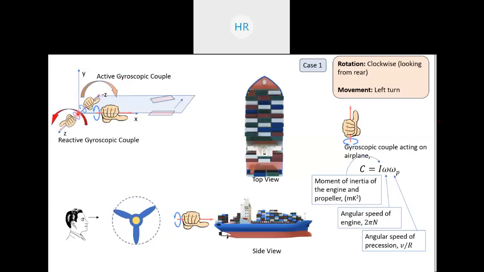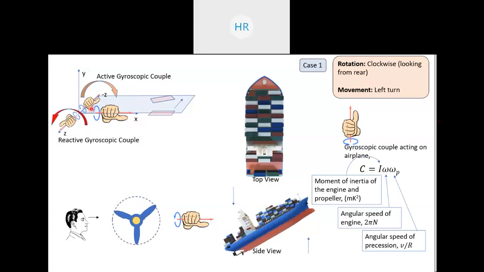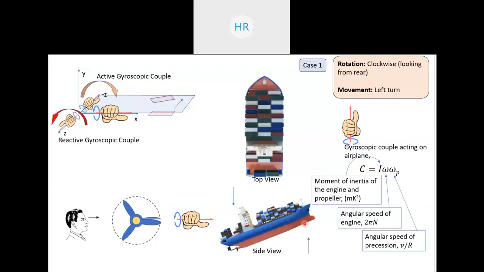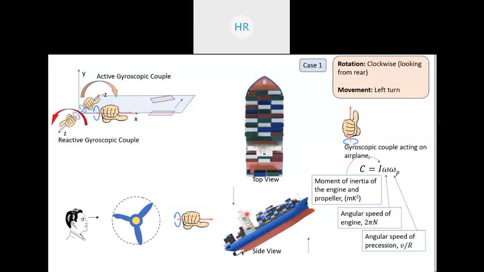So reactive gyroscopic couple vector છે that is in positive z direction and it is rotating in counterclockwise direction. તો તમે જોઈ શકો છો આ સાઇડ વ્યૂમાં કે counterclockwise direction માં rotate થશે. Then what will happen? This ship front end છે તે up જશે અને rear end છે તે down જશે.